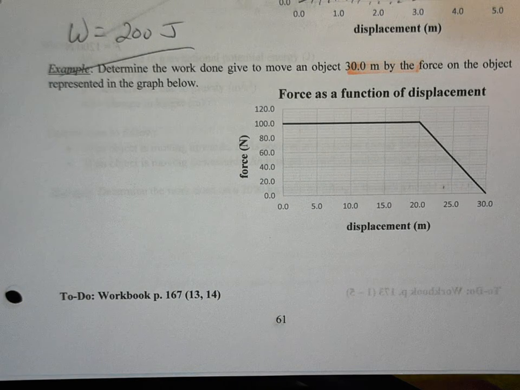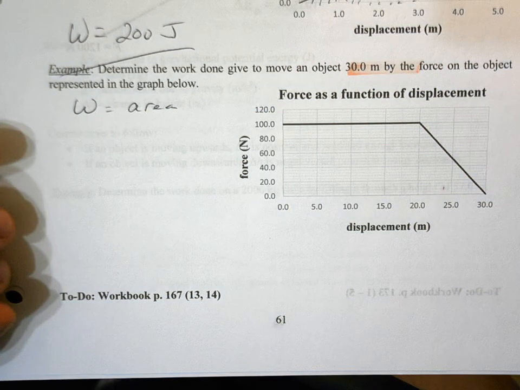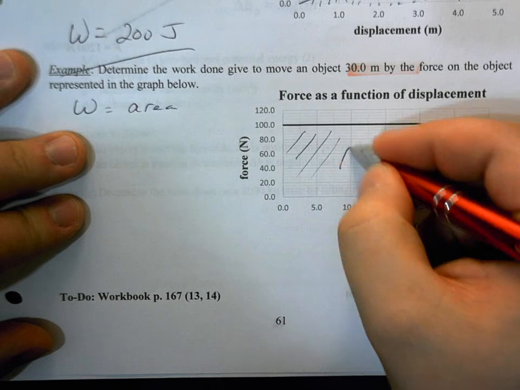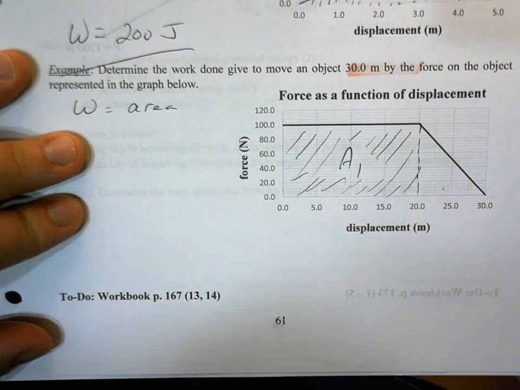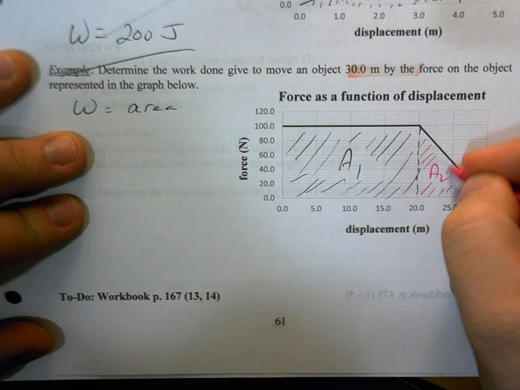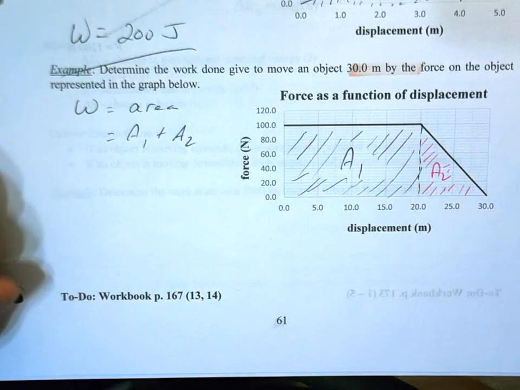Once again, in this case, the work is going to be equal to the area. This time we have two areas. I have this first piece here, which I'll call A1, that rectangle, and then this teeny tiny triangle on the end here, which I'll call A2. So we can say that this is A1 plus A2.